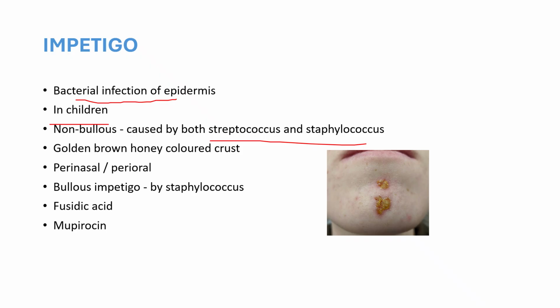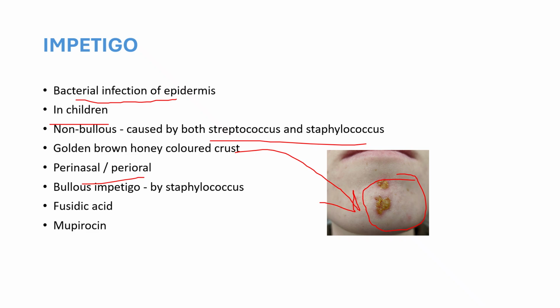So non-bullous is caused by both. And the classic description of the lesion is a golden brown, honey colored crust. So usually in the question, they mention a child with a lesion over the face having a honey colored crust. Then you have to think about impetigo. It can be in the perinasal or perioral area.